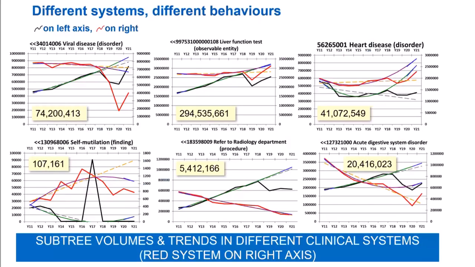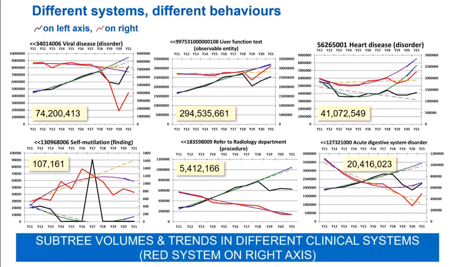Up until the pandemic, the red system was pretty static, which is sort of what medically you might expect, but the black system was going up and up and up for some reason and had sort of increased by 30% over 8 years. Both of them were affected by the pandemic, but one much more than the other. So what's going on? If we assume the medicine that these clinicians were seeing was broadly the same, why is it being described differently in the two systems?